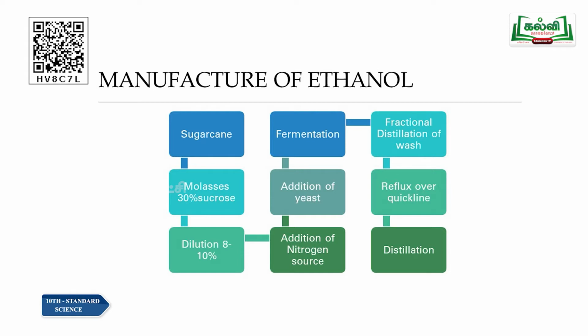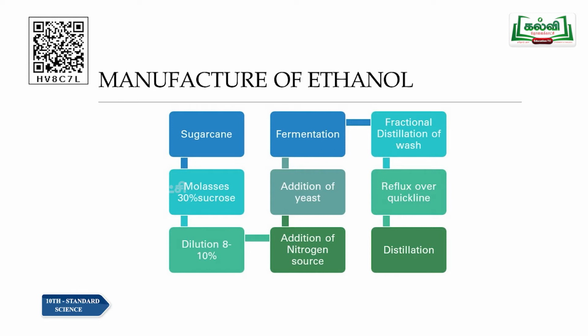It contains about 15 to 18% of ethyl alcohol, and it is subjected to a few processes of purification. First, this fermented liquid, which is called wash, is made to undergo fractional distillation.